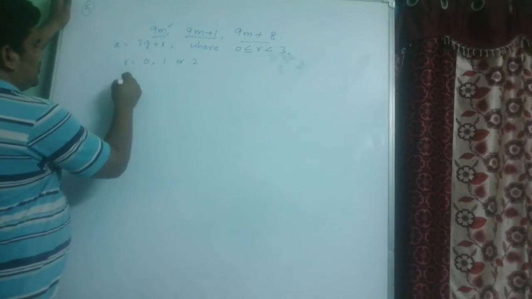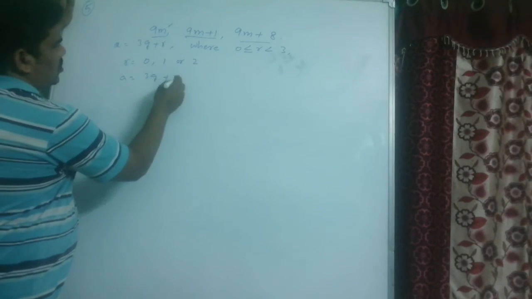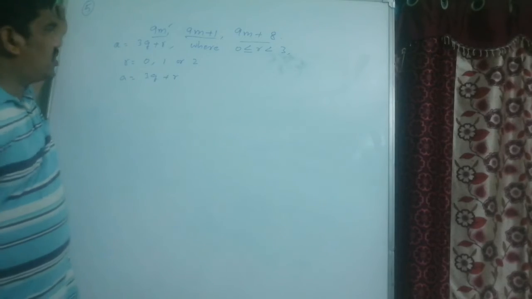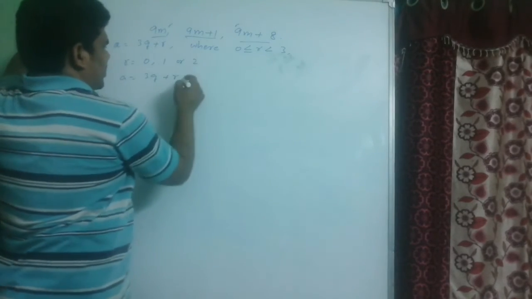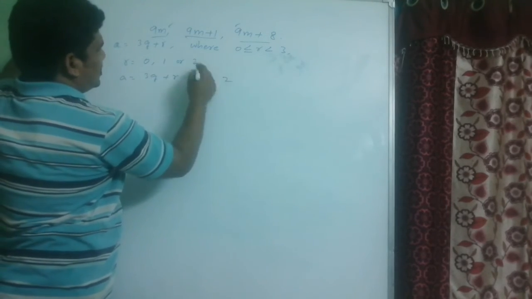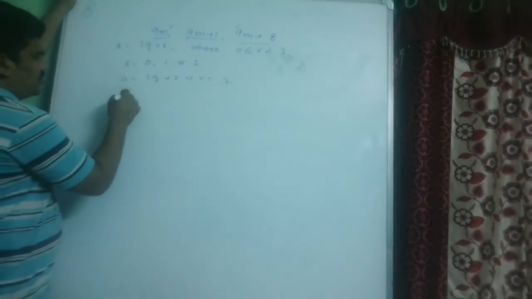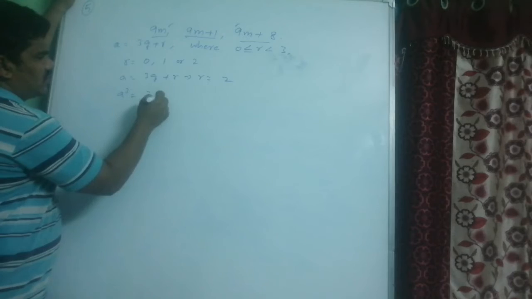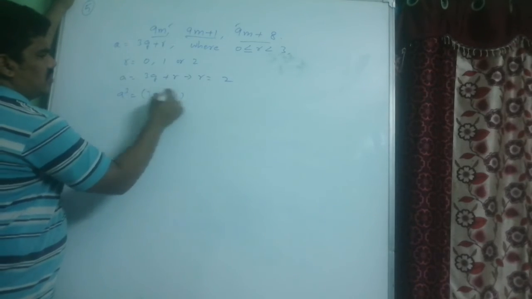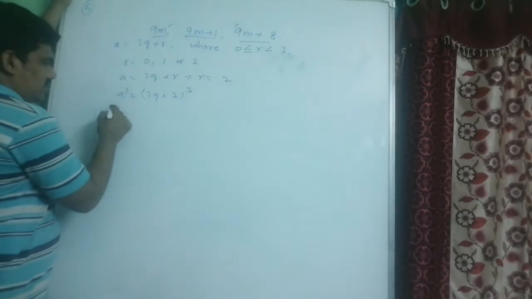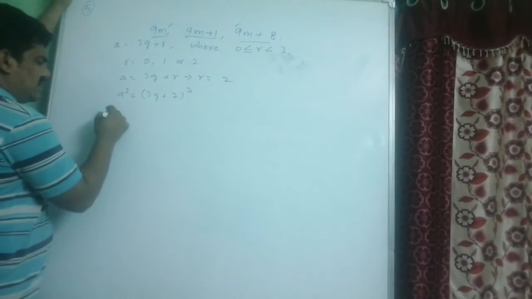Okay, in the third case, a equal to 3q plus r. Third case, we have to find this one. Here r value 2. Already we took 0 and 1. So a cube equal to 3q plus r value 2 whole cube. So what is the a plus b whole cube formula?